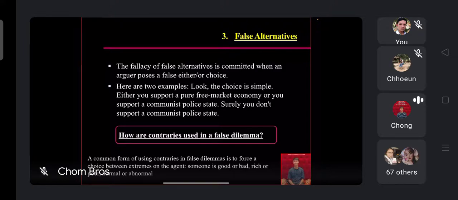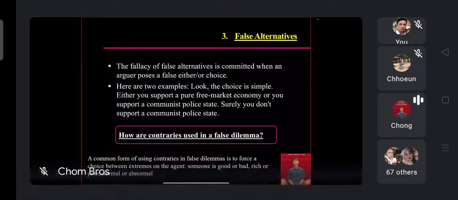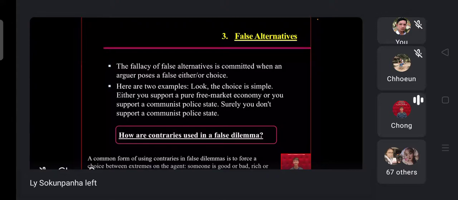Here are 2 examples. Look, the truth is simple: either you support a pure free market economy or you support a communist policy state. Socially, you don't support a communist policy state.